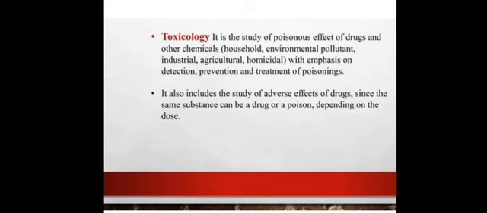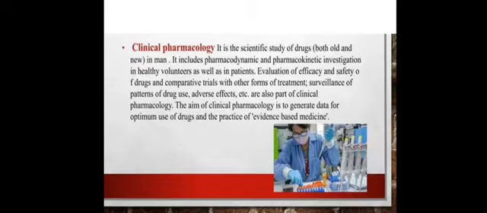It also includes the study of adverse effects of drugs, since the same substance can be a drug or a poison depending on the dose. So a drug can act as a drug or a poison, because doses above the therapeutic window will create adverse effects, and it may become a poison. That's what it means.